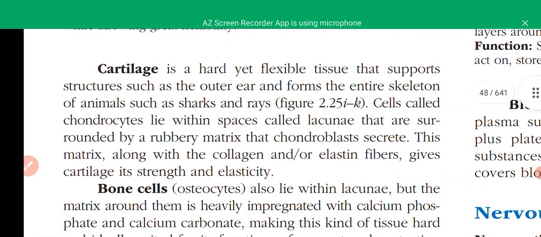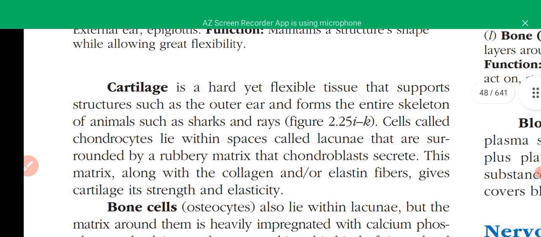Then there is the cartilage. Cartilage is a hard connective tissue that is yet flexible and can protect our various organs, and usually it is present at the ends of the bones that form joints. It is a little bit more elastic than bone. Its mature cells are called chondrocytes, and they are present in a space called a lacuna.